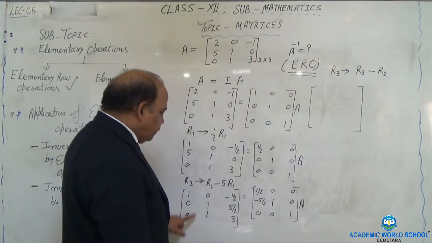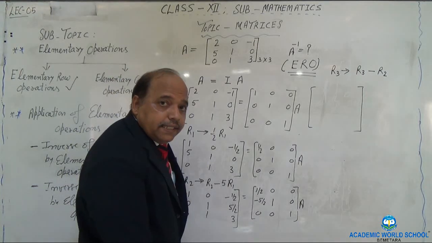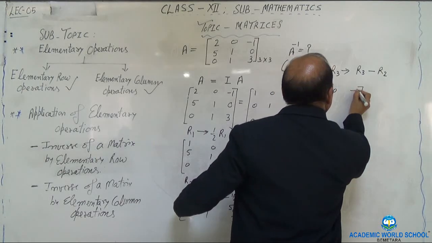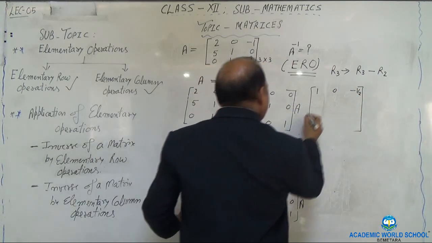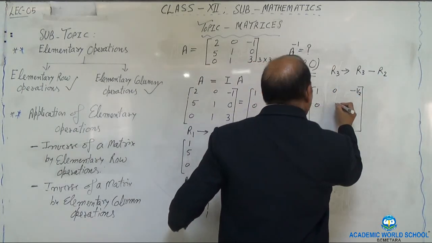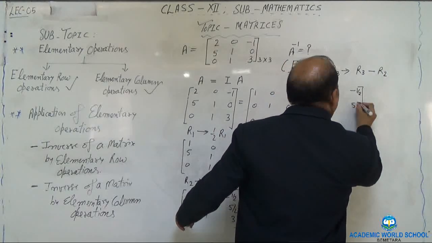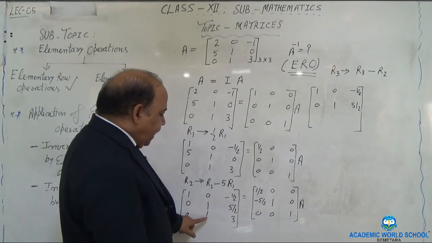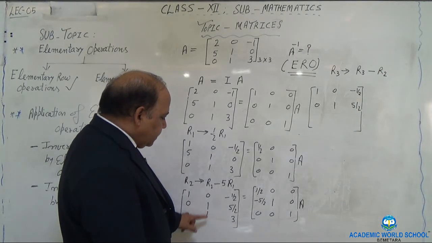There is no change in R1 and R2. 1, 0, minus half, and then 0, 1, 5 by 2, and then in R3 there is a change. We are subtracting this R2 from R3.